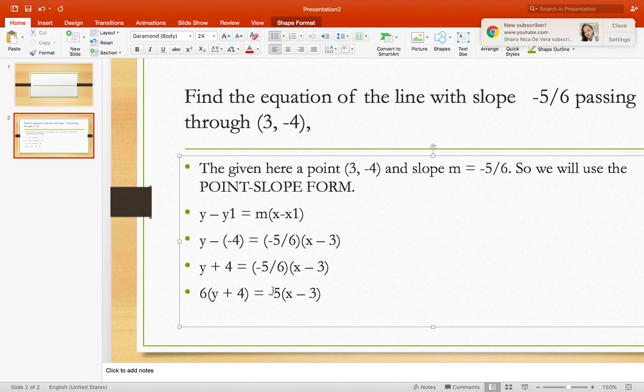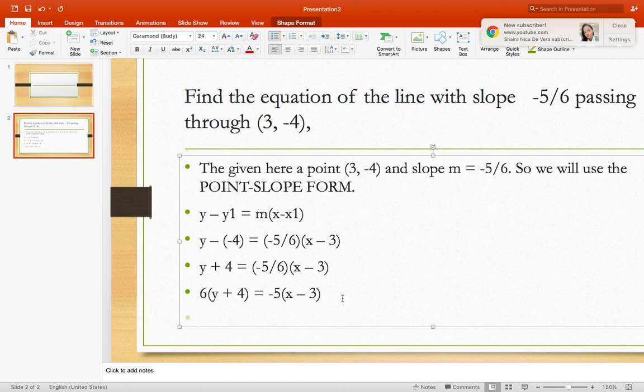We were able to do this by cross-multiplying this. Negative 5 times x, negative 5 times negative 3, and 6 will be distributed on the other side.